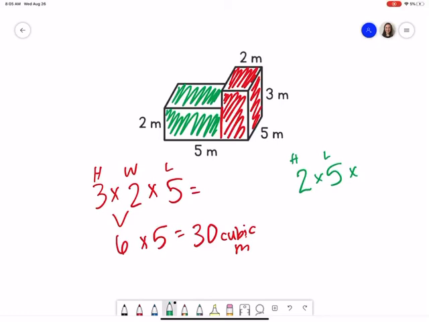Okay, so we can see our width up here, but if this were an actual box, it would look like this. So we would need that side. So really what we are trying to find is this measurement right here.